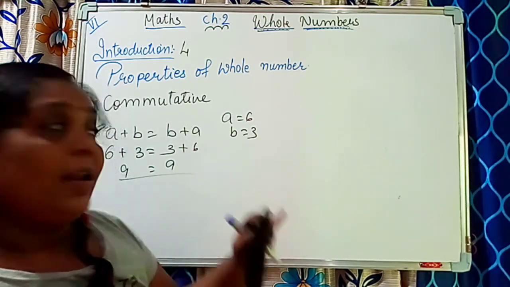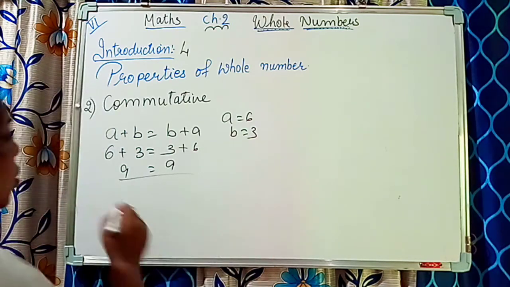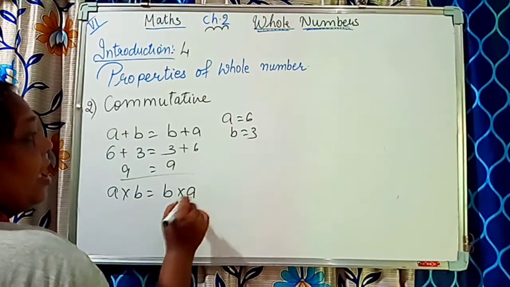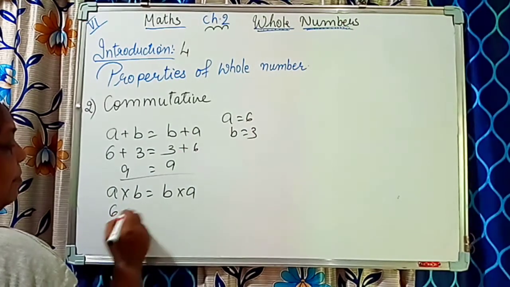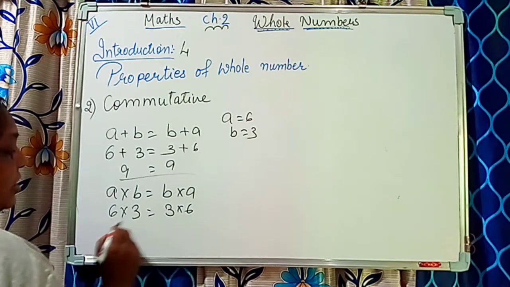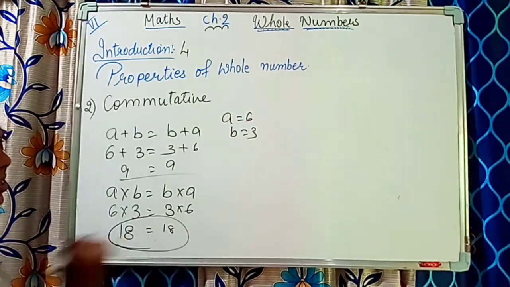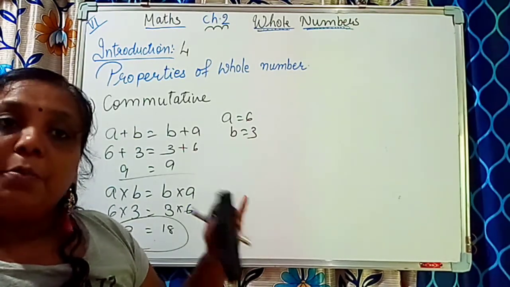That is in addition. In multiplication also, A into B is equal to B into A. With the example A is 6 and B is 3, 3 into 6: 6 threes are 18, and 3 sixes are 18. It comes the same. That is the commutative property.